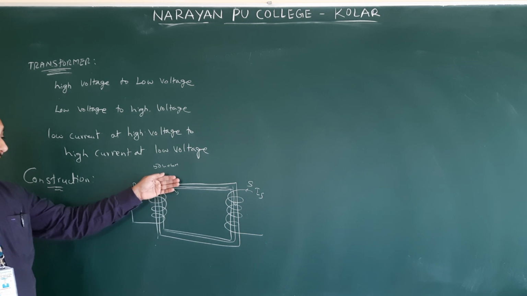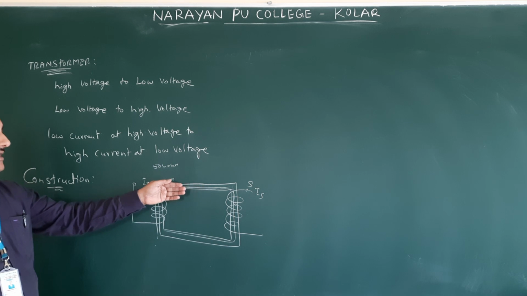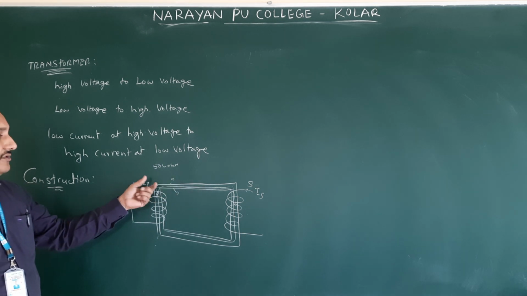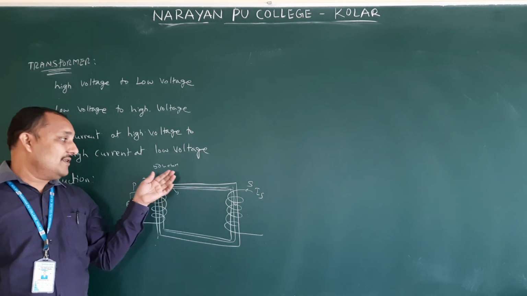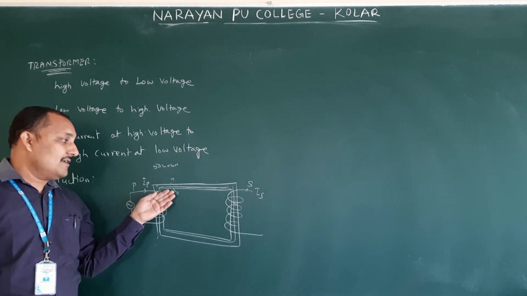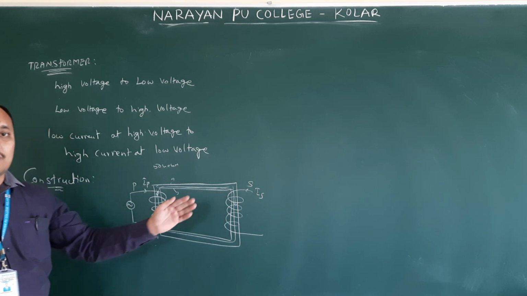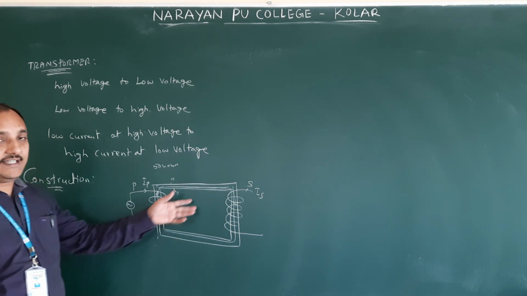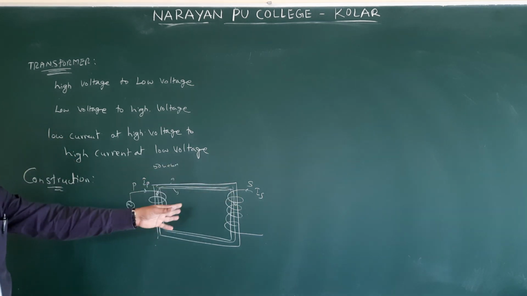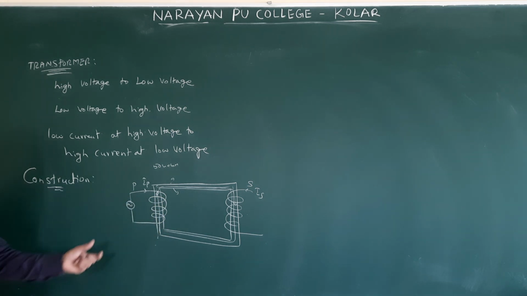They use lacquer as the material to laminate this, and those words will be in your textbook. By using lamination, we can reduce the loss of magnetic flux transferring from the primary coil to the secondary coil. Four losses will be there, which we will discuss at the end of the transformer. So first we will see the equation part.